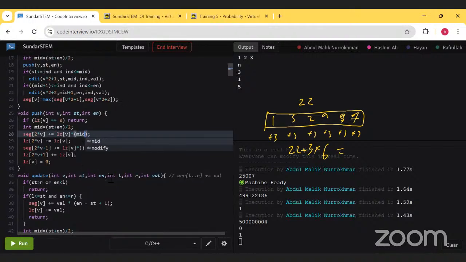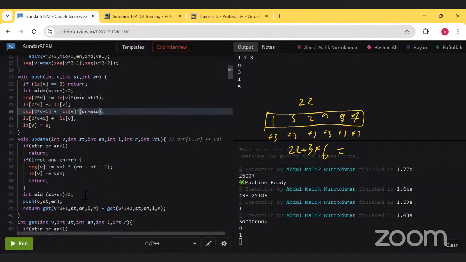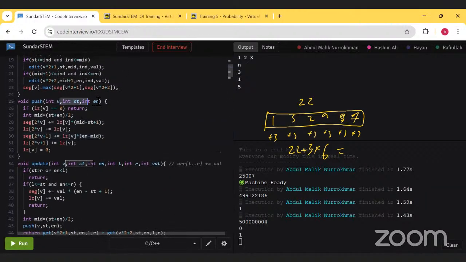The length is just, yes, that's correct: mid minus st plus 1, while here it is n minus mid, not plus 1, because we use both inclusive here. Okay, and in this problem, we will need parameters st and n.